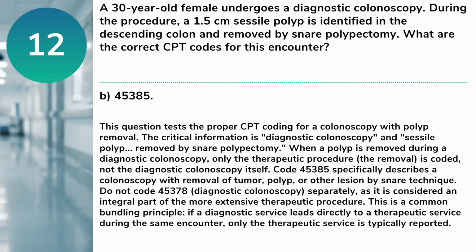Code 45385 specifically describes a colonoscopy with removal of tumor, polyp, or other lesion by snare technique. Do not code 45378, diagnostic colonoscopy, separately, as it is considered an integral part of the more extensive therapeutic procedure. This is a common bundling principle. If a diagnostic service leads directly to a therapeutic service during the same encounter, only the therapeutic service is typically reported.